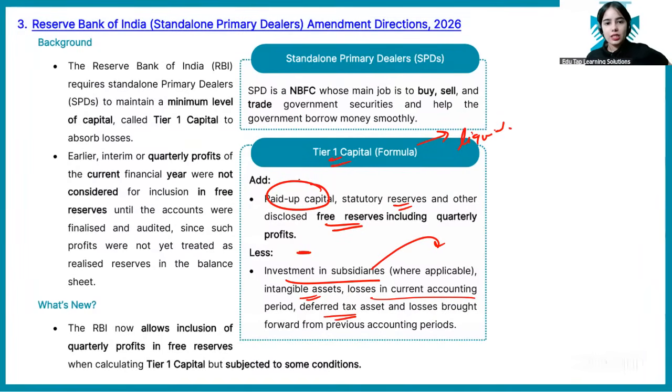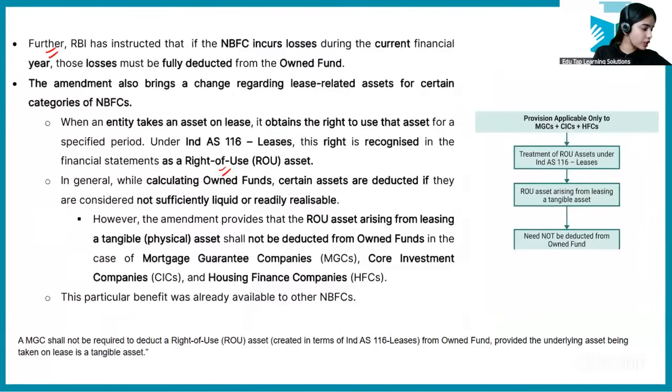So this is the idea. In the tier 1 capital, the quarterly profits can be added in the free reserves by taking the formula that we have already discussed. Now, further RBI has instructed that if the NBFC incurs losses, that will be deducted from the owned fund, basically.